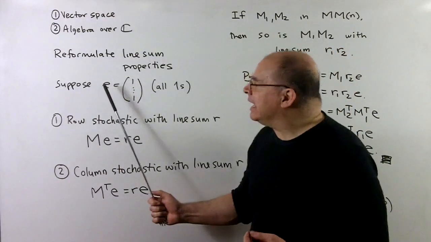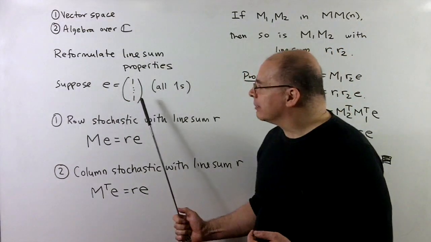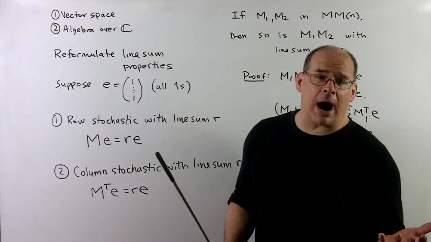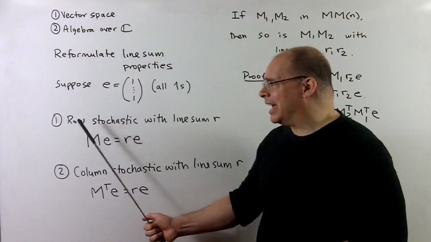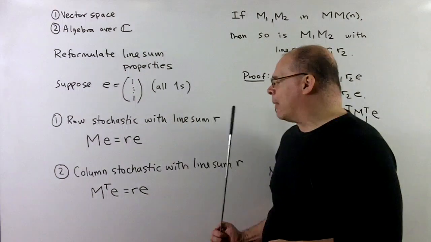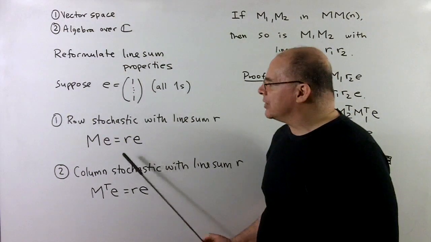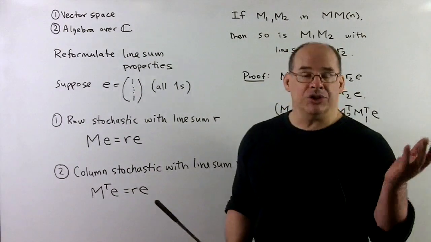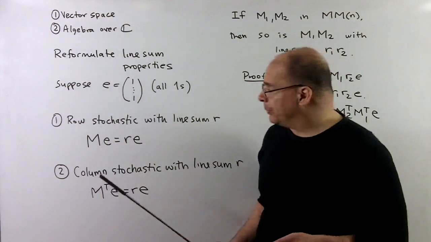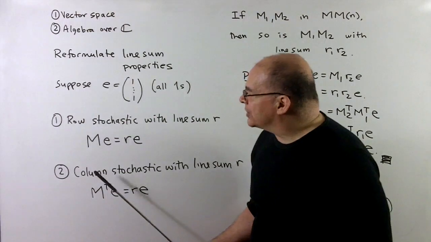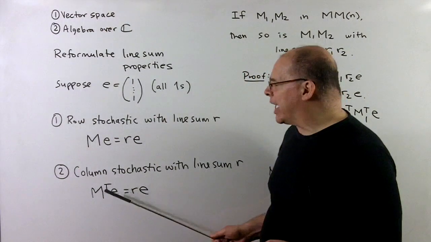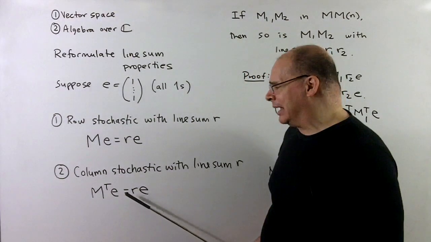We fix E equal to the n-vector with all 1s, and then the line sum property along the rows, we say as row stochastic with line sum R. If I multiply M times E, we get R times E. Multiplying by E just sums up along your rows. Likewise, if we want to sum along the columns, I just take the transpose of M and then multiply by E also.